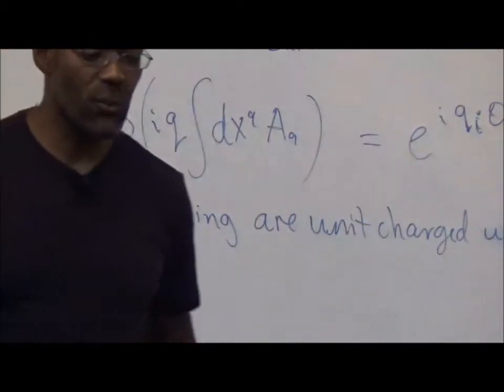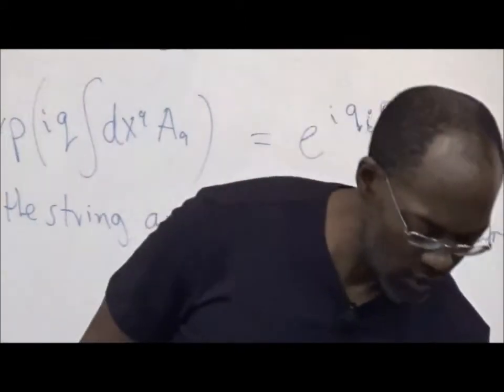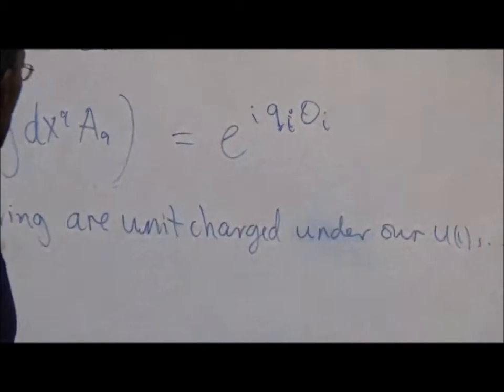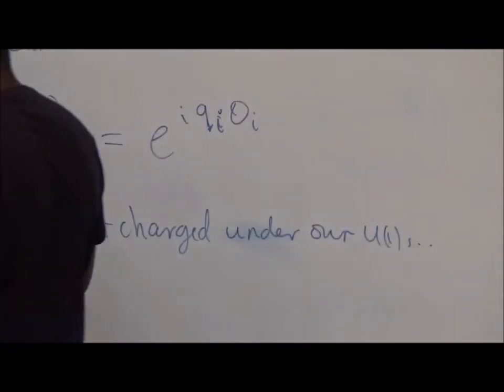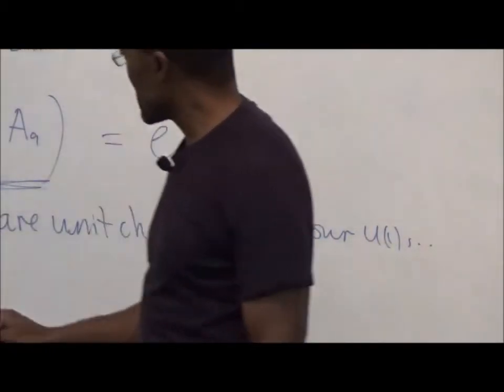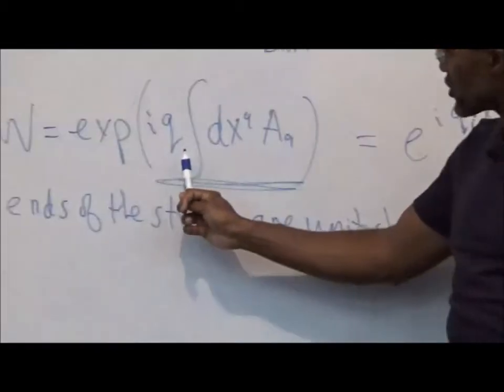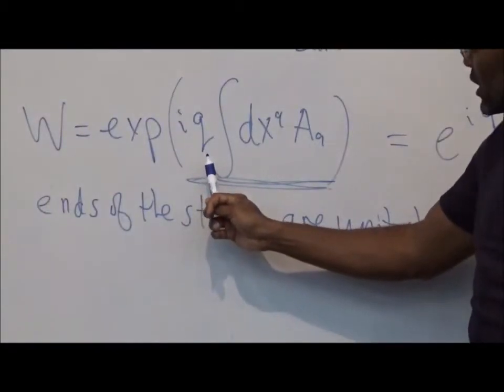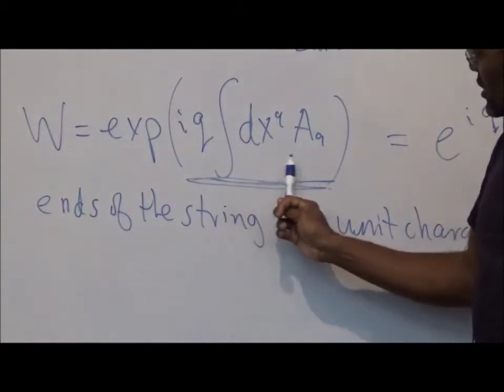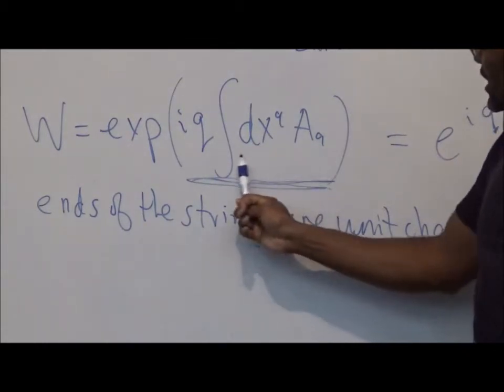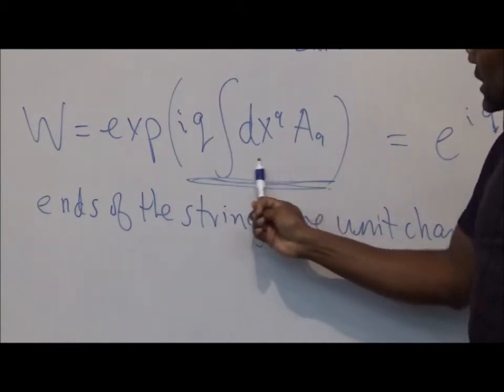And so how is that going to change things? Well, we know exactly how that's going to change things. Happily, I alluded to this already earlier. The fact that I have some charged particle of charge Q, I had it as E before, couples to a gauge field in this way, okay?